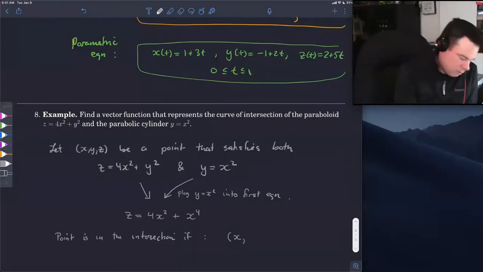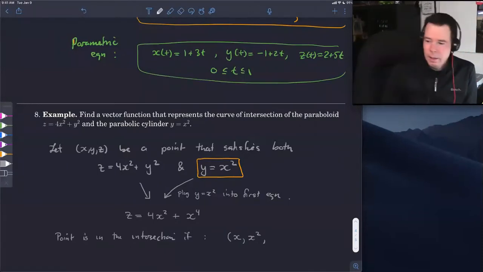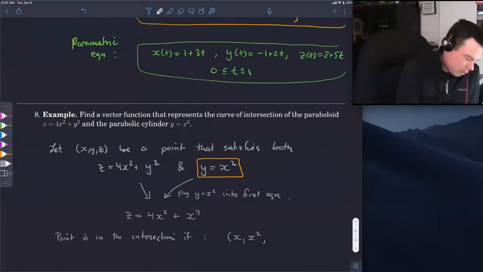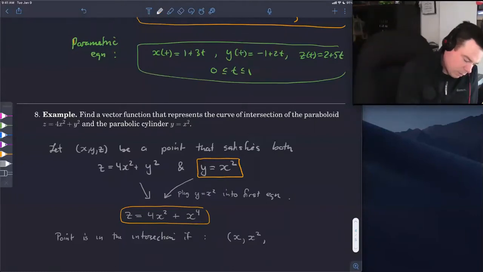Well, this equation tells us that y would have to be the x coordinate squared. So y would have to be x squared. And what would the z value have to be? Well, this equation tells us that the z value would have to be 4x squared plus x to the fourth.